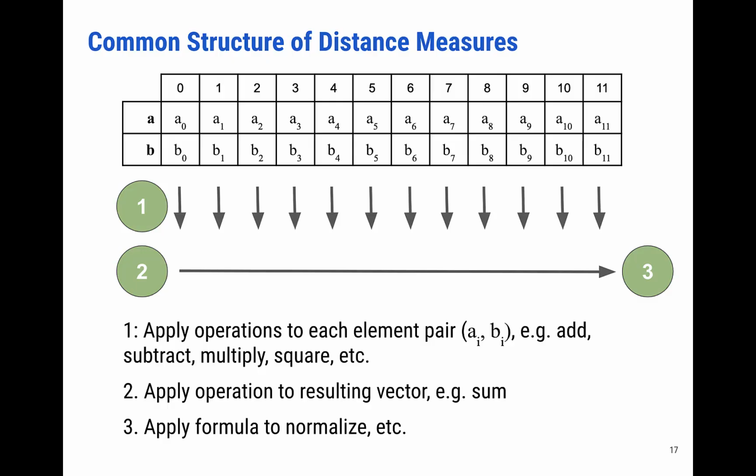They may get multiplied. They might get squared. You might take the absolute value of their difference. Something like that is applied to each element pair. And then an operation is applied to all of those results, such as summing, which is typical. And then you can take that result and normalize it or what have you.